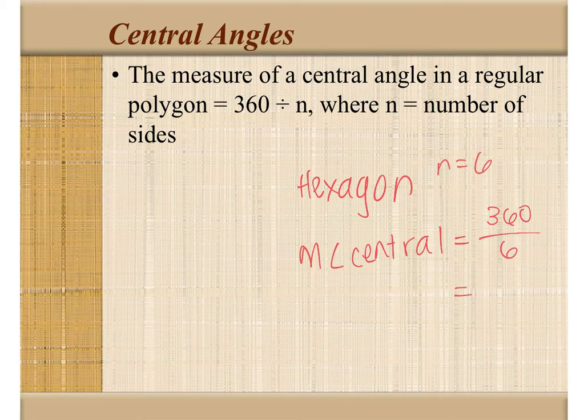So the measure of each of the central angles is 60 degrees. Now, the cool part is that because these are regular polygons, all the angles, all the sides are the same. Every single side and every single angle is going to look exactly the same for the entire figure, but it's because they're regular polygons.